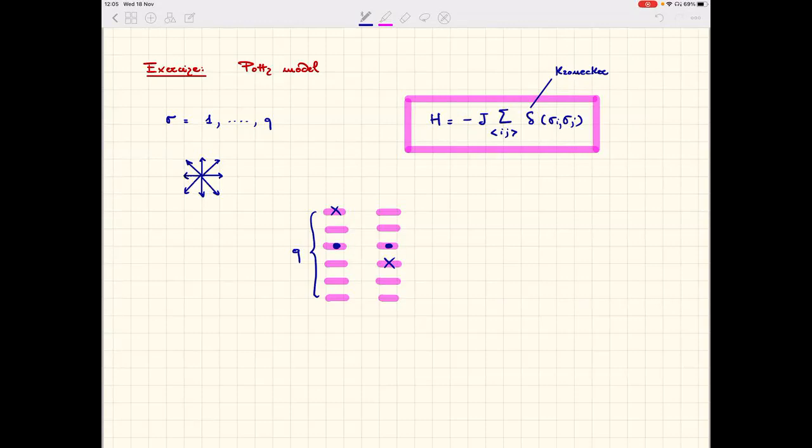All right. So now the Ising model has Z2 symmetry. What is Z2? Z2 is the symmetry under inversion. So if you set every sigma i for the Ising model into minus sigma i, you get the same energy. What is the symmetry group for the Potts model?